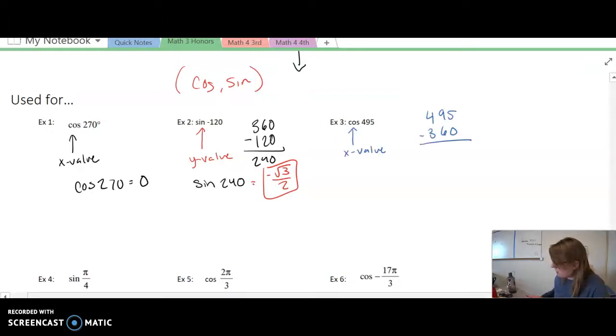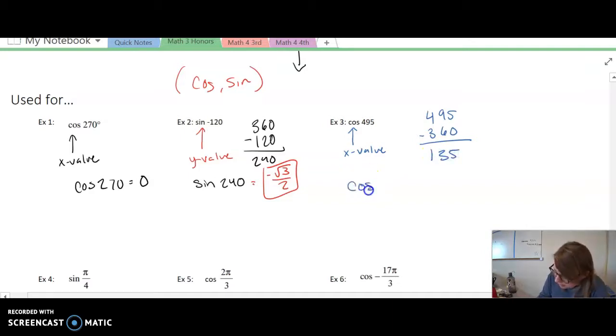So, if you tried this on your own, you figured out that you need to do 495 minus 360 because we don't have a 495 on our unit circle. So 495 minus 360 is 135.